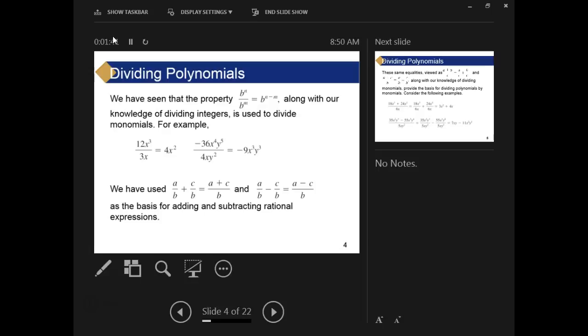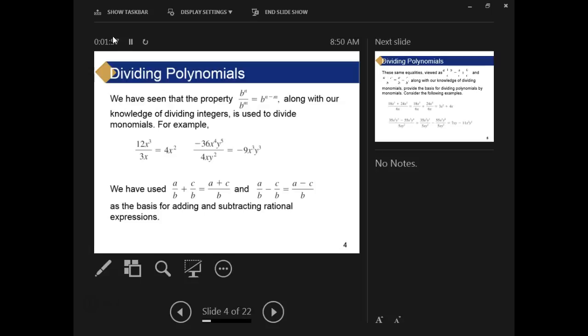What would that be? x squared, because x cubed is x times x times x, and x is just x. Divide out one of the x's, and that leaves you x squared.